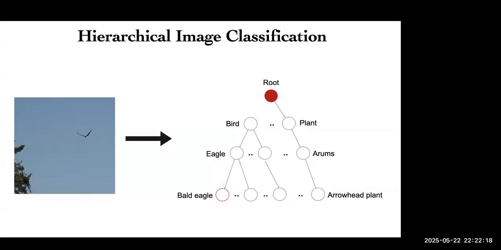But some images just don't have enough information to support the route to leaf node recognition. You can still see something at a certain level: you can recognize it as a bird, but you may not be able to go deeper than that. So if you only focus on a predefined flat organization, you're going to lose out on these images. You give up on them already.